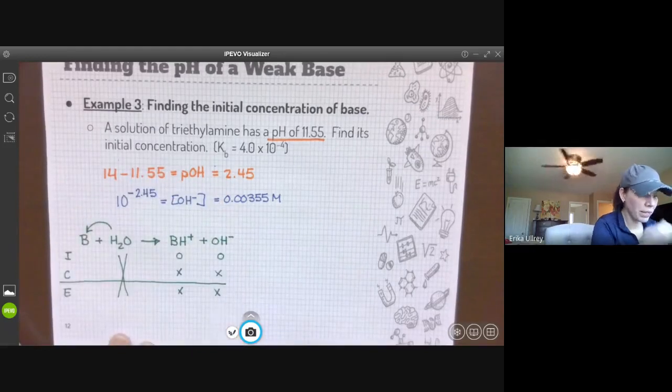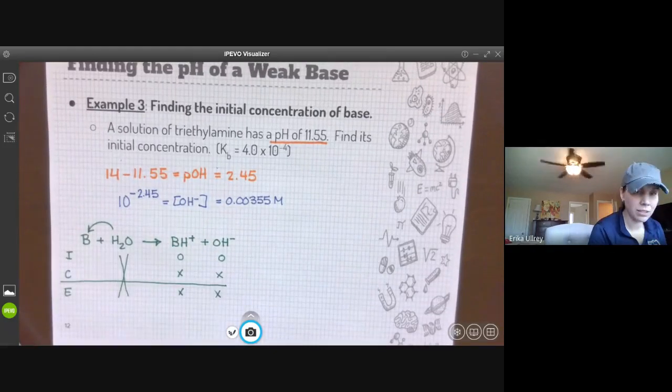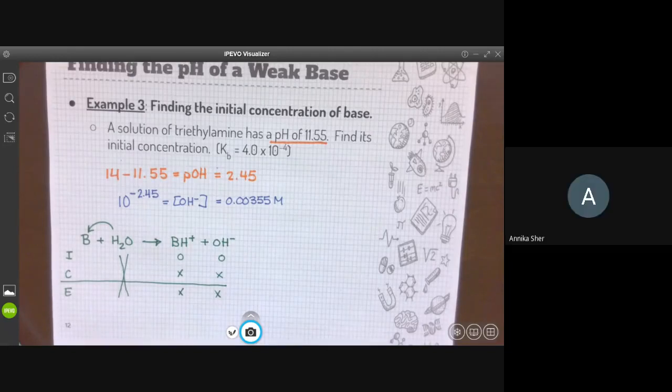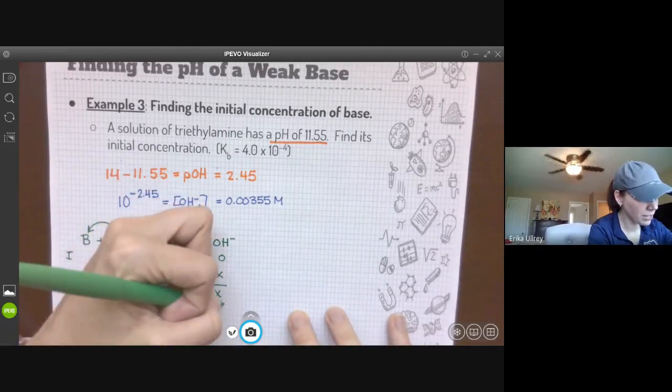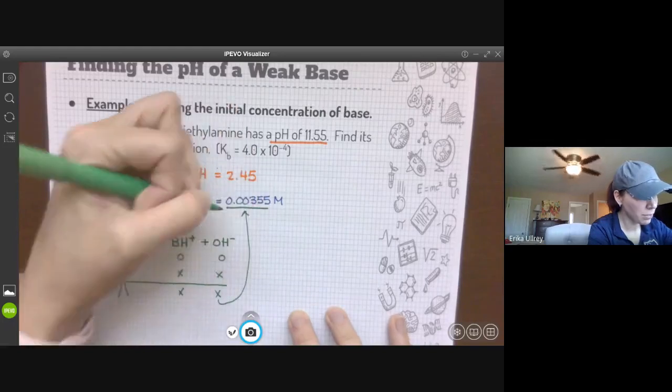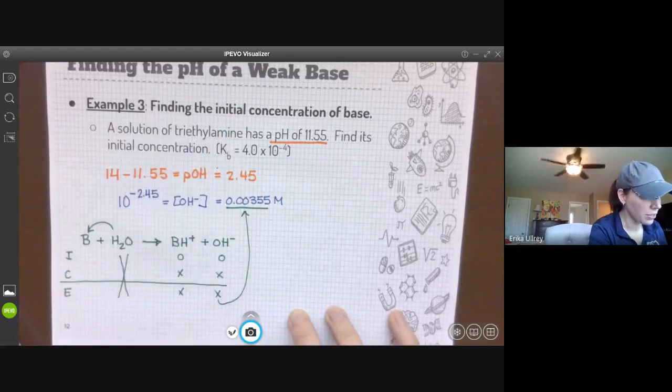And do we know what x is, Annika? X is our concentration of OH minus, the 0.00355. Yeah, so this x is going to equal this number up here, okay? So we have our x values.